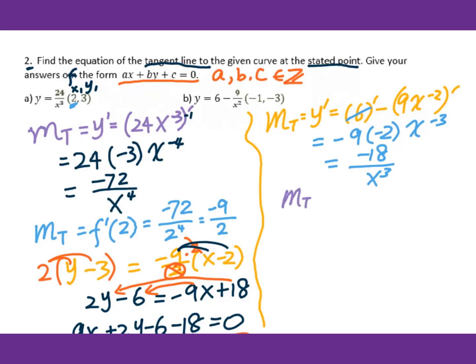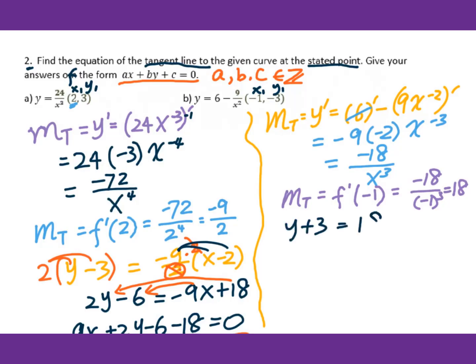Then slope of tangent line equals derivative of f of negative 1. So you get negative 18 times negative 1 to the third power equals 18. We can write down the linear function now. Here's your x1, y1. So we get y plus 3 equals 18 times x plus 1.